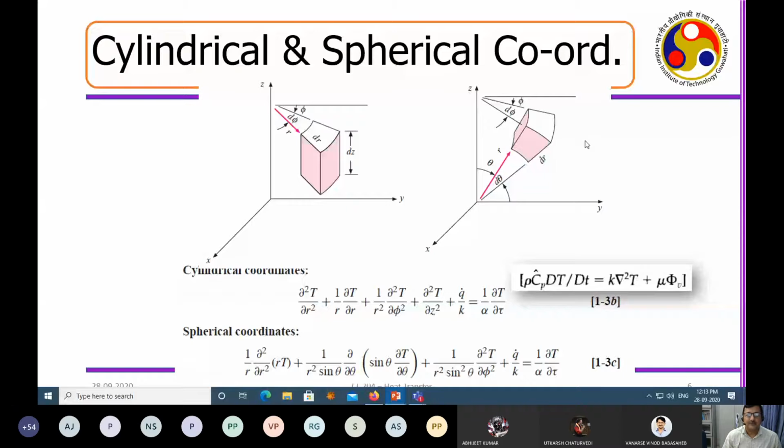Why? Because for cylindrical coordinate I am going to consider a pipe-like configuration, and for a sphere I am going to consider a ball-like configuration. So these are all very important heat transfer systems, the balls, the pipes, the triangles, the rectangles. These are all building blocks of different types of heat transfer system.